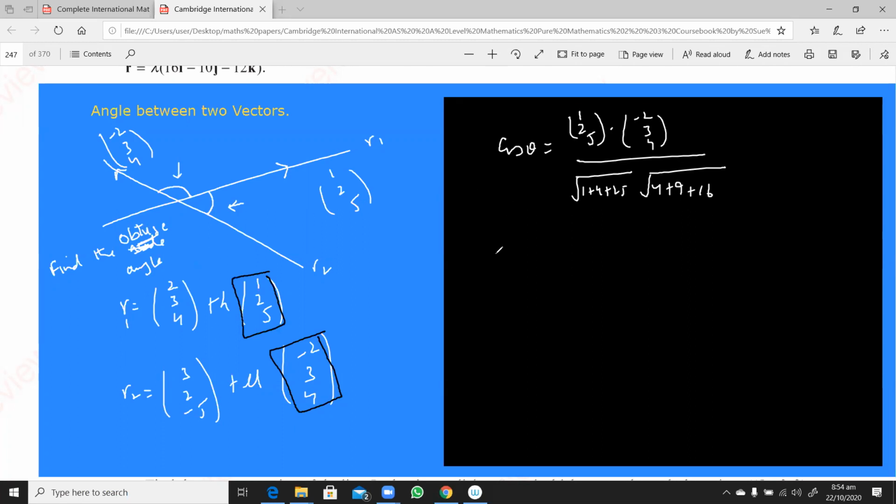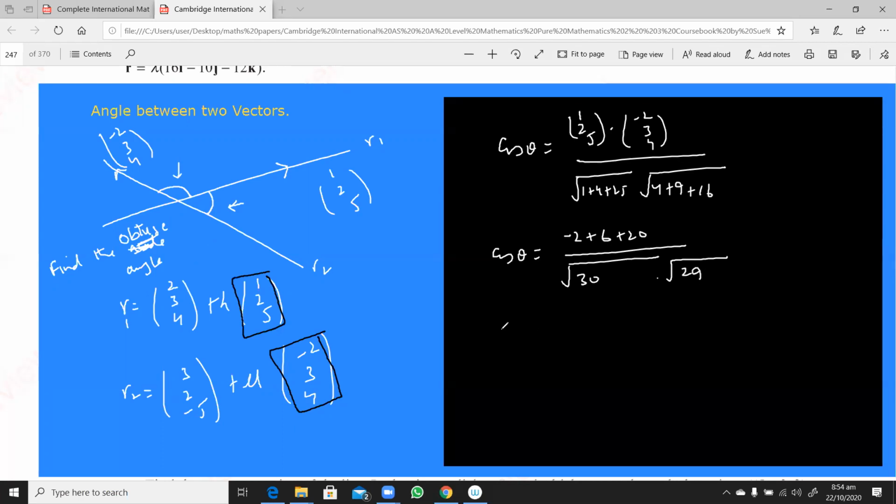Okay. Now, please quickly, you should have the calculators with you. Please tell me, this dot product is going to be -2 plus 6 plus 20 over the square root of 30 times the square root of 29, I think. Yes, this is 29. Okay.